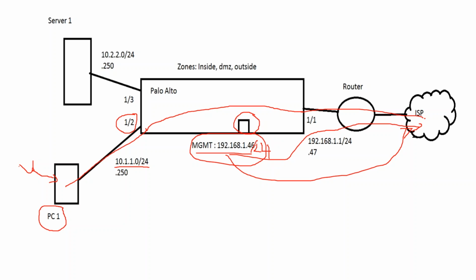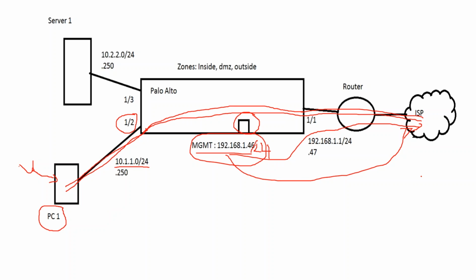In the same way, the ISP responds to 1/1, then 1/1 responds to 1/2, and then to the user. This is called the data plane, the user interface, we can say. The traffic used by the internal users is included in the data plane.